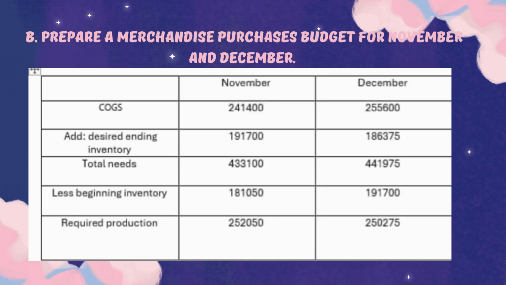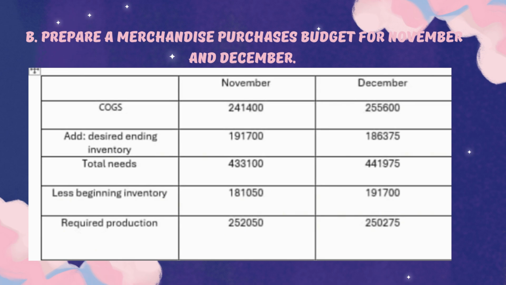After that, we have to add it with desired ending inventory, which for November is 191,700, and 186,375. So we just add it with cost of goods sold, and we get the total needs.